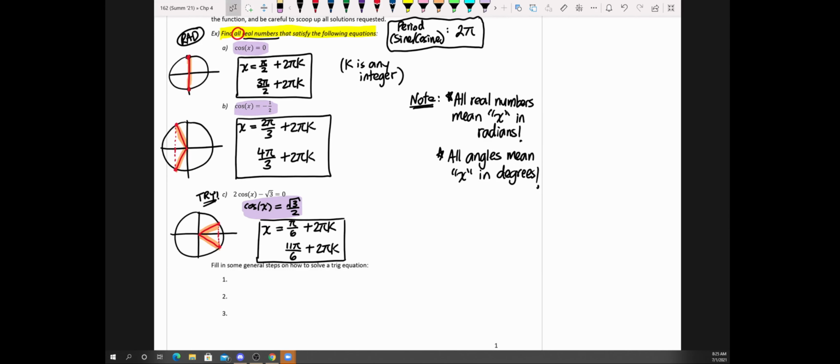Okay. So before we go through 1, 2, 3, there's actually the pre-steps.